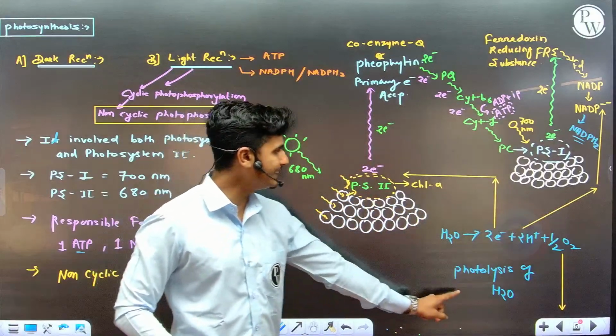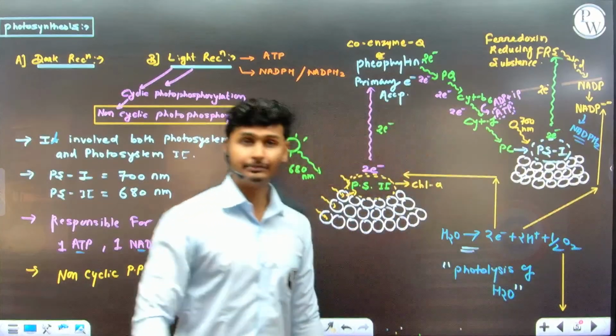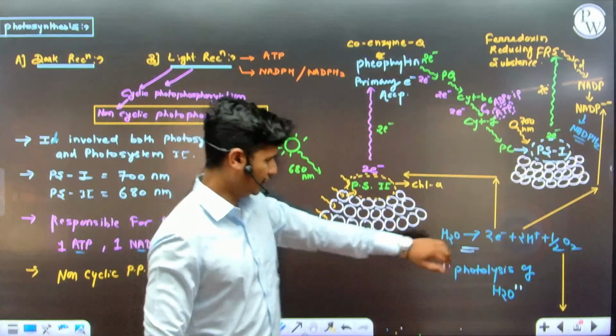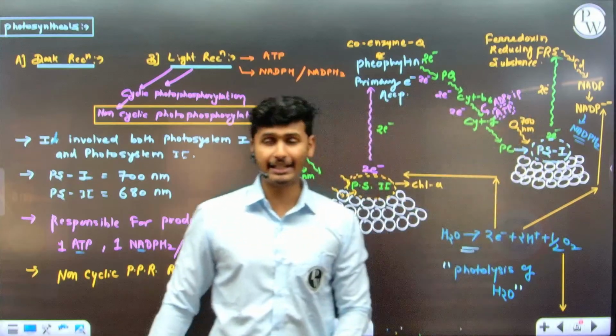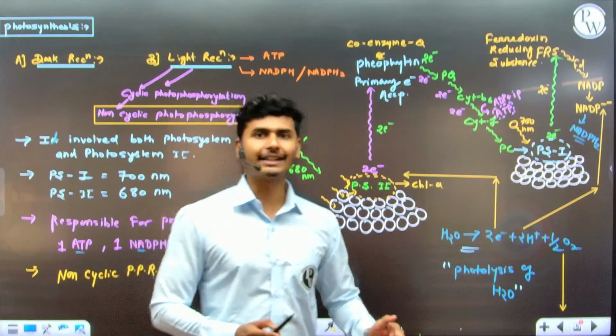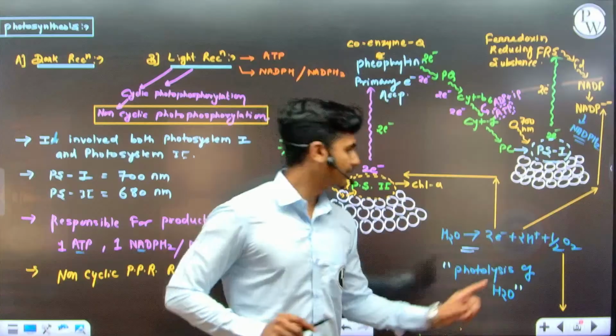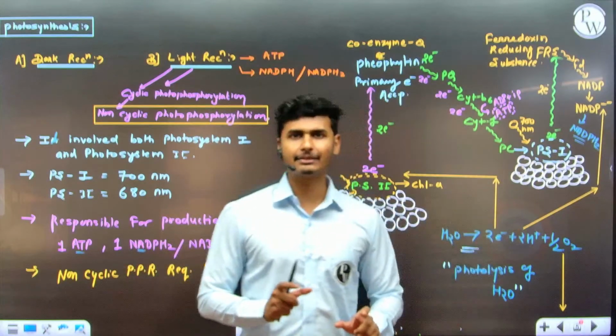That's why we split the water, which is known as the photolysis of water. And due to this, we produce 2 proton molecules which attach to the NADP di-negative, and NADPH2 formation takes place. But in case of cyclic, it is not going to happen. There is no photolysis of water. Look, these are the simple differences between the two topics.